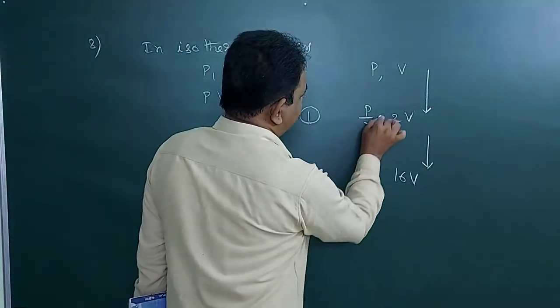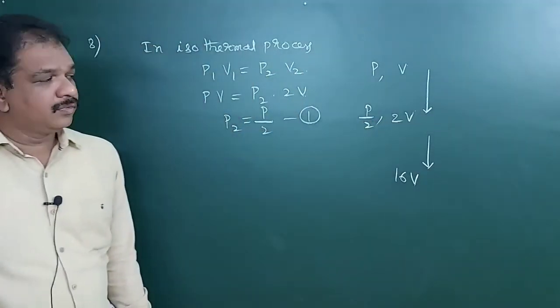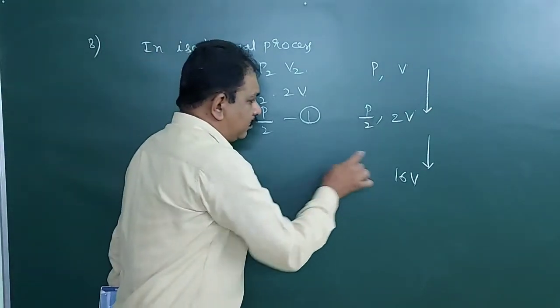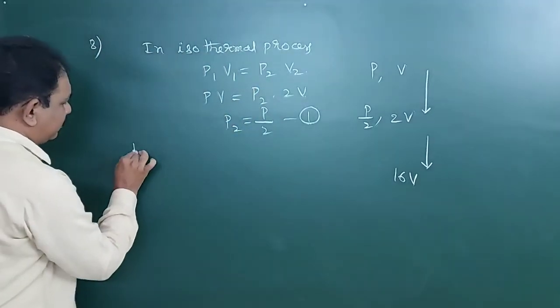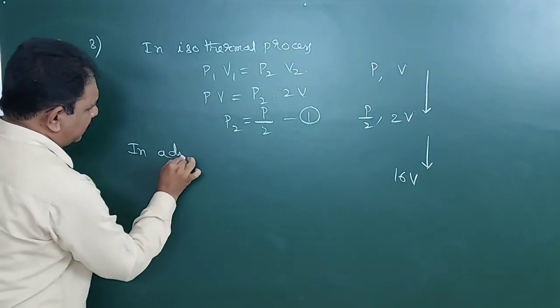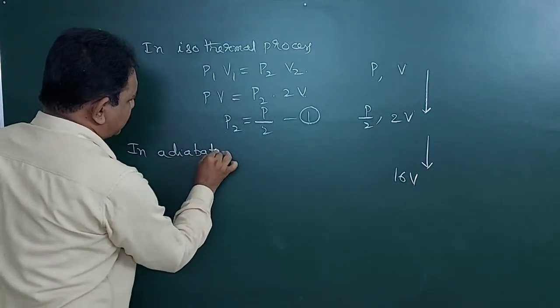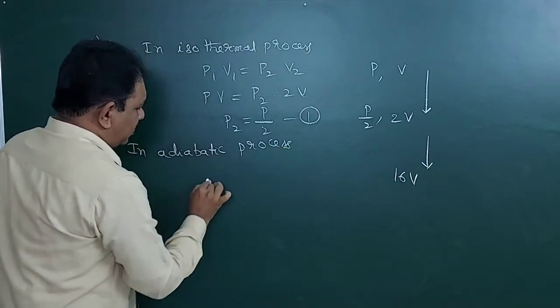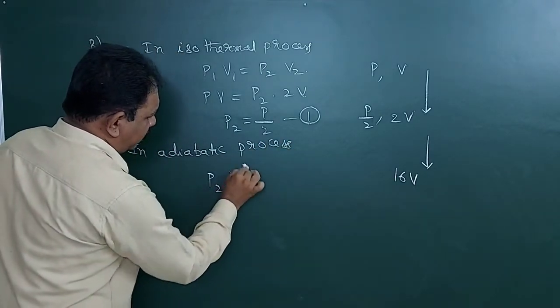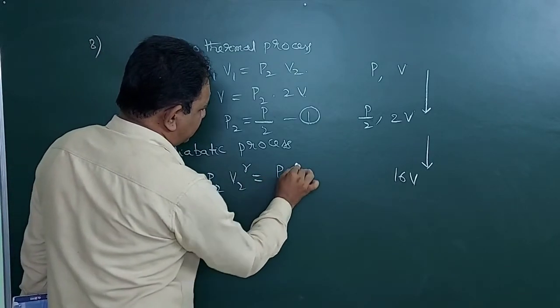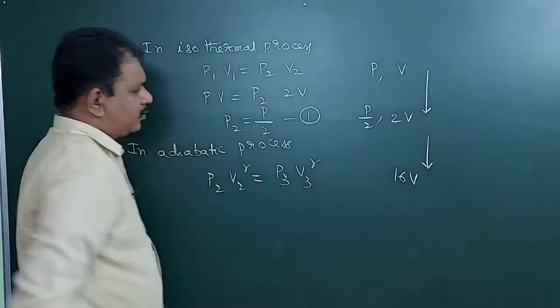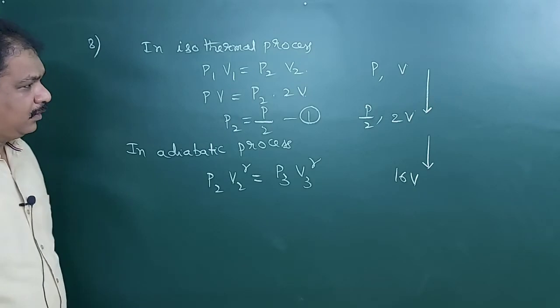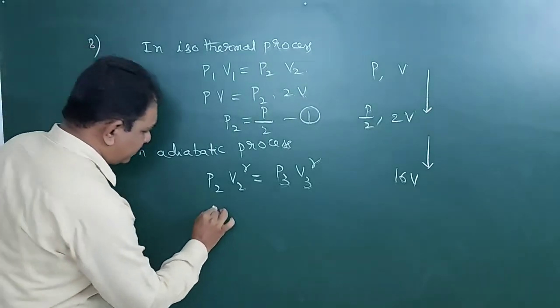Here this value will be P by 2. Again from here to here, adiabatically. In the adiabatic process, P2 V2 power gamma is equal to P3 V3 power gamma.